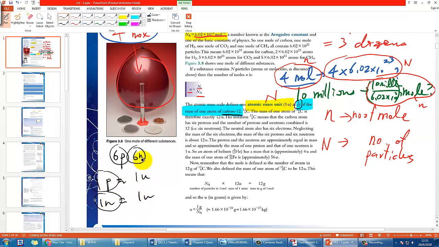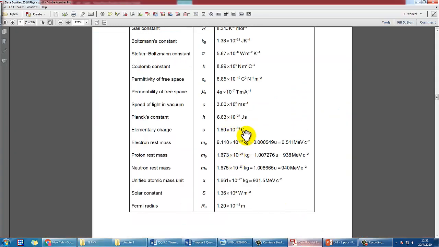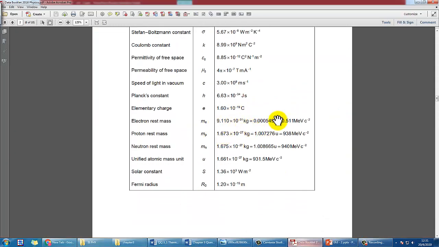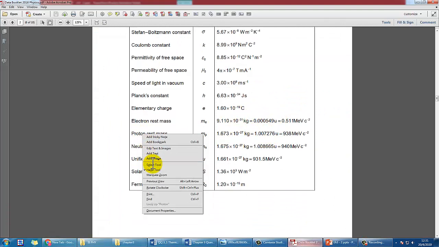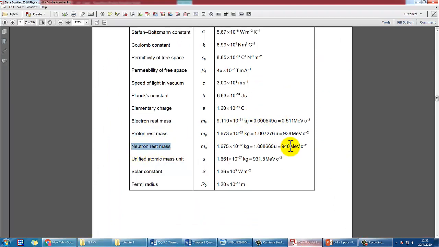U. And if you refer to the data booklet, you can see for proton and neutron it's really close to 1 U, but it's not exactly 1 U, right? You can see the neutron is slightly heavier, and that's something we may discuss again in chapter 7. It's something to do with the binding energy itself.